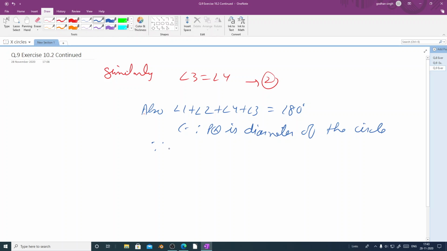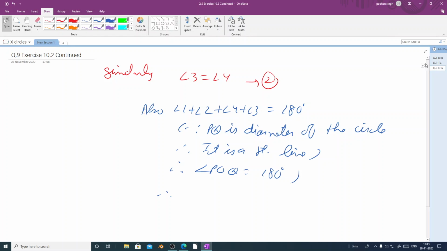Therefore, it is a straight line, and therefore we can say that angle POQ is equal to 180 degrees, and so this is the reason why we have written angle 1 plus angle 2 plus angle 4 plus angle 3 as 180 degrees.